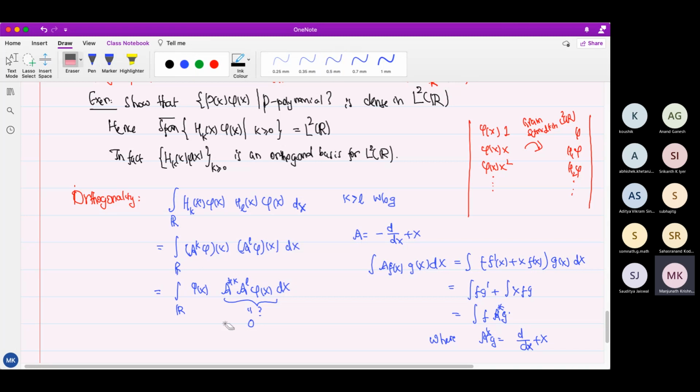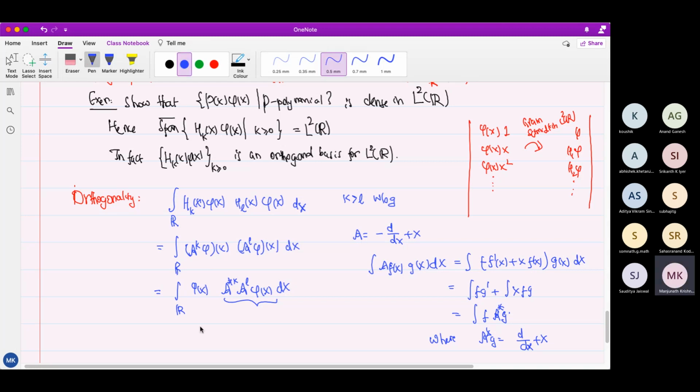So that's the problem. If it was simply a polynomial, that is, a to the L phi is some polynomial times a Gaussian, then you differentiate more times than the degree, so it should become 0. That was the idea, but I think this is not exactly 0. So let me just leave it.